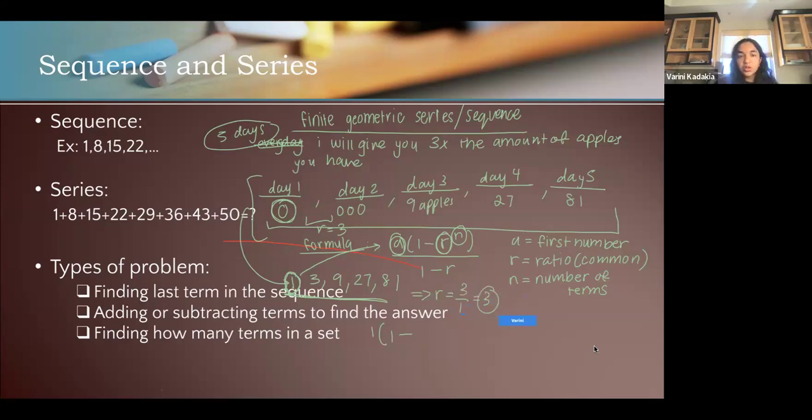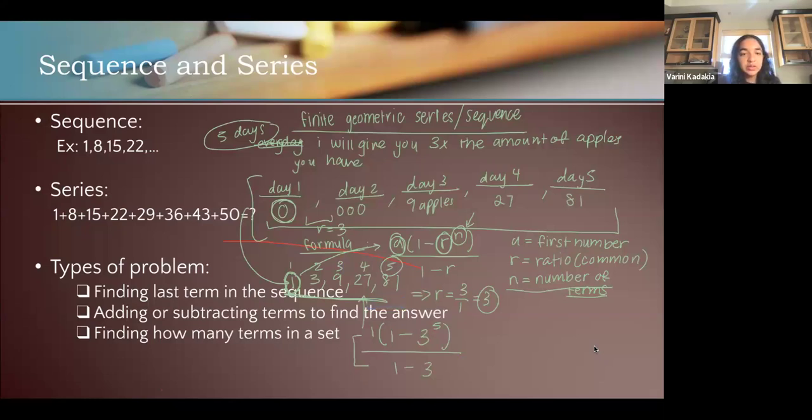So now we're going to have 3 to the nth power. n is the number of terms, so let's count. There's 1, 2, 3, 4, 5. 5 terms. So we're going to have 1 minus 3 to the 5th over 1 minus the ratio 3. And if we simplify this, we should get the sum of this sequence.